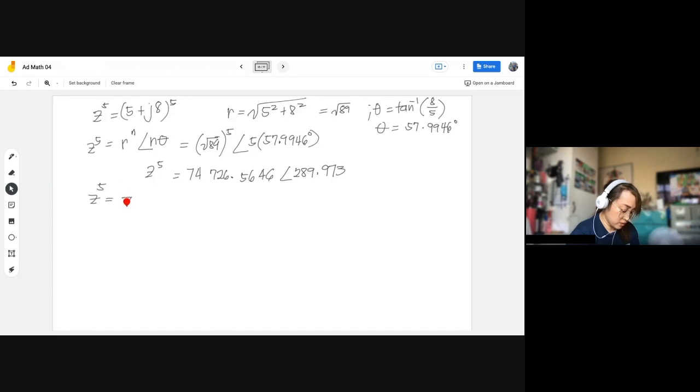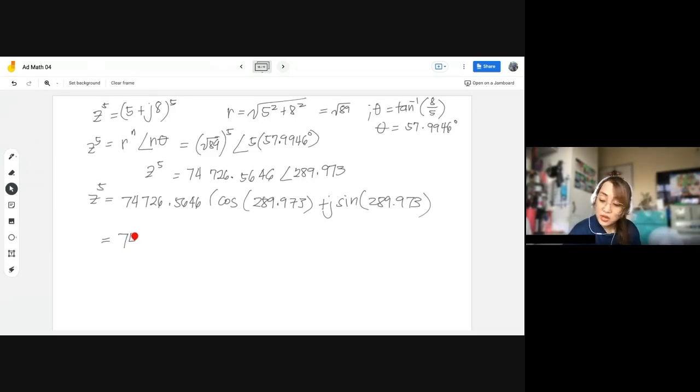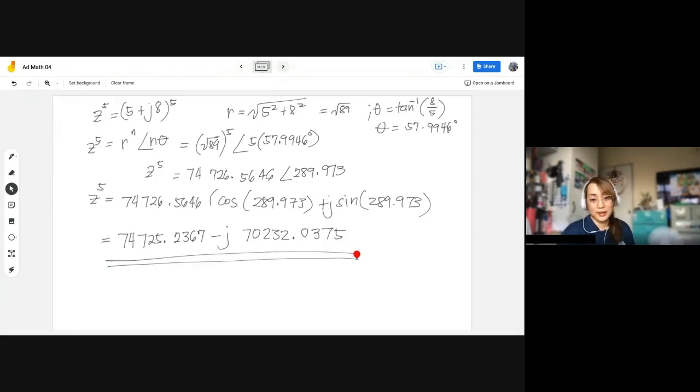In rectangular form, evaluate this: 74,726.5646 times cosine 289.973 plus j sine 289.973, that is 74,725.2367 plus... We evaluate it again later.